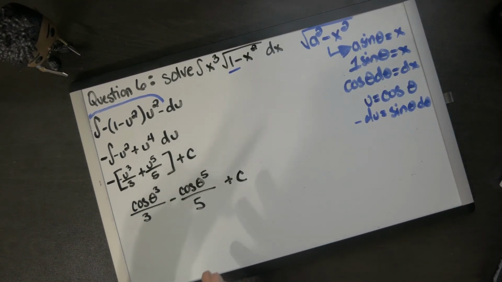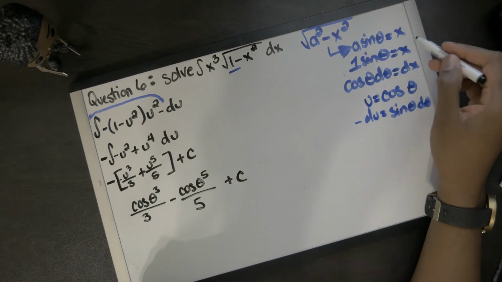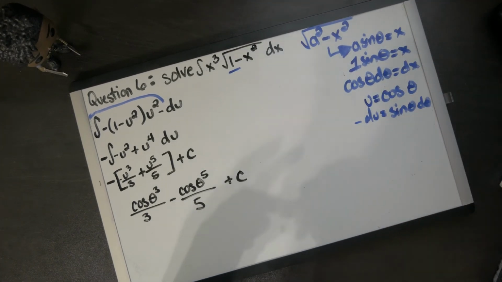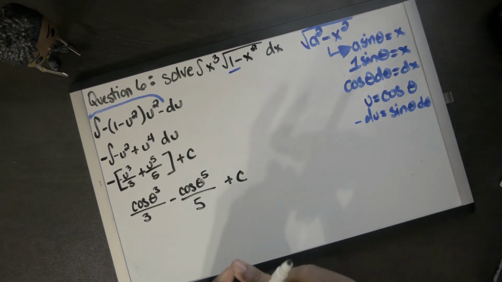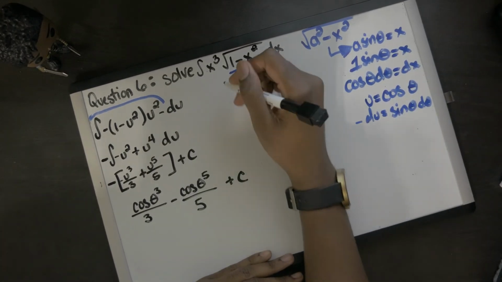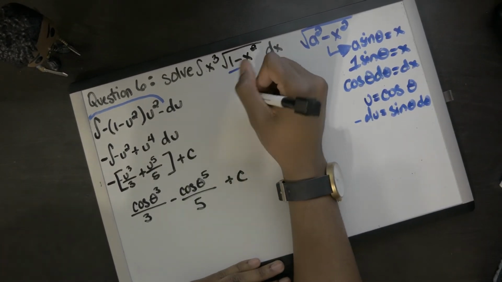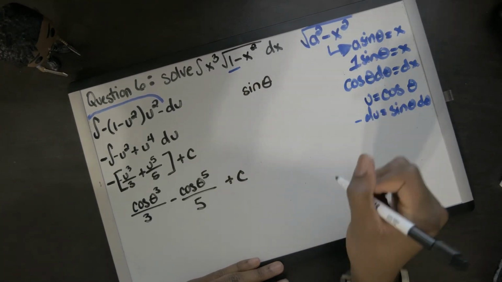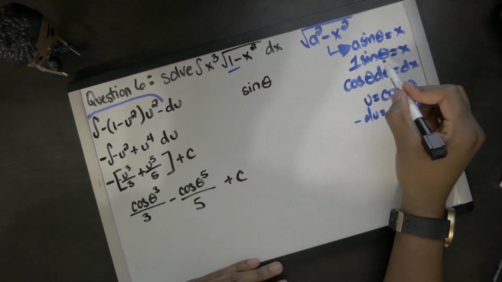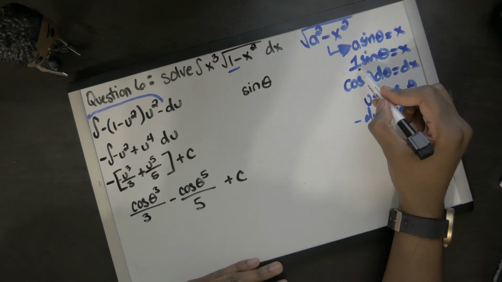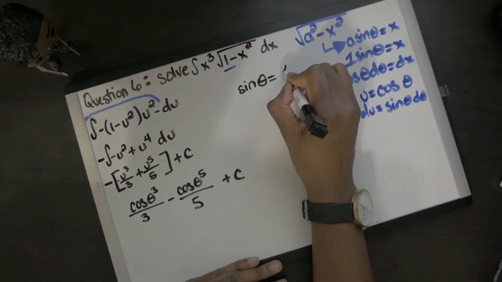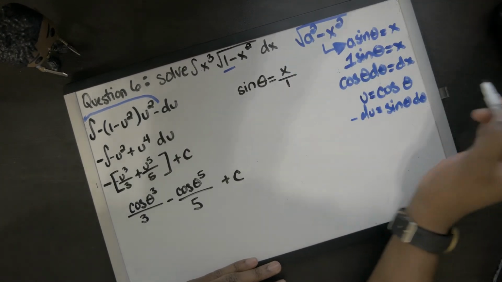If we're going to find that, we know that a sine theta equals x, which is 1 sine theta equaling x. Well, couldn't we also say that if we divide by 1 on each side, sine theta is x over 1?